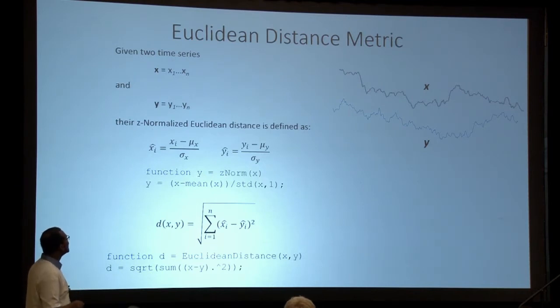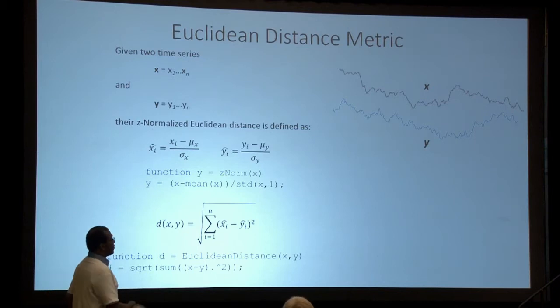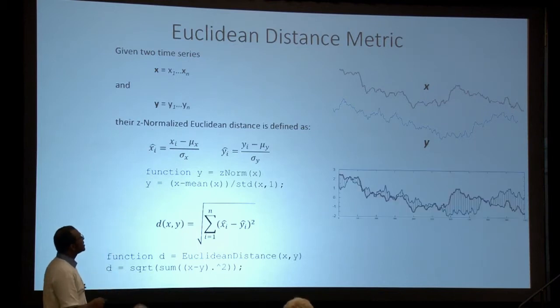So OK, you subtract the hats, or the normalized values, square them, sum them, and square root them. And that's exactly what the Euclidean distance function is in MATLAB, right? So this dot square 2 means element-wise squaring. And what it means visually is that you bring down whatever. So purposefully, I excluded the y-axis, right?